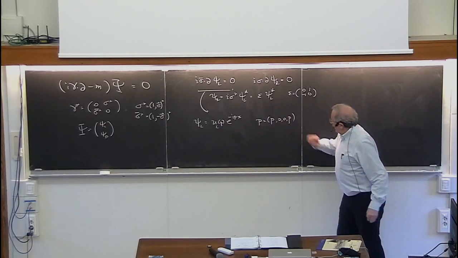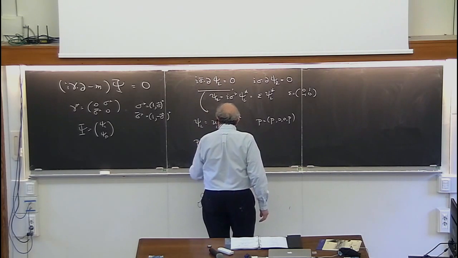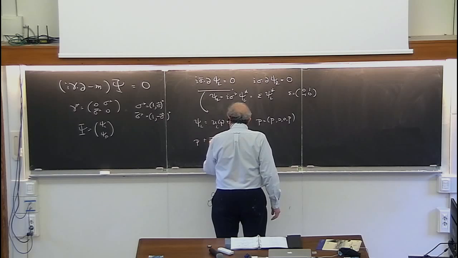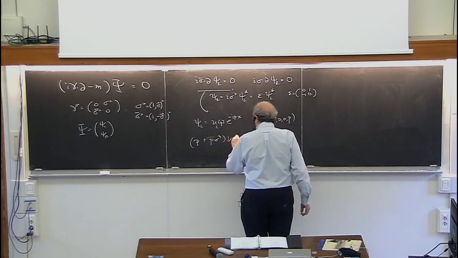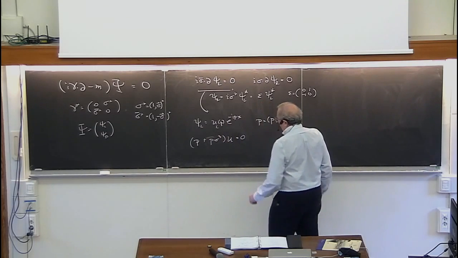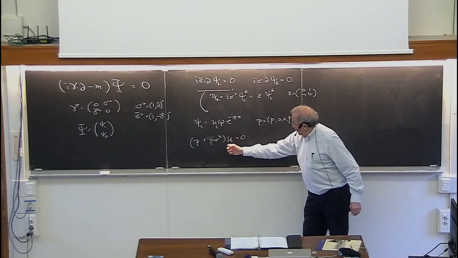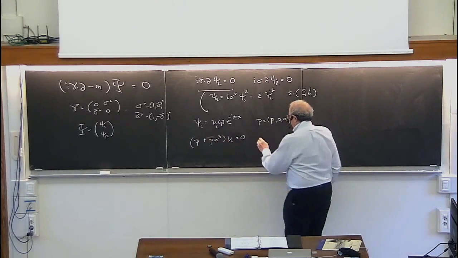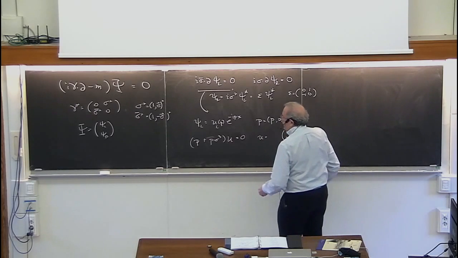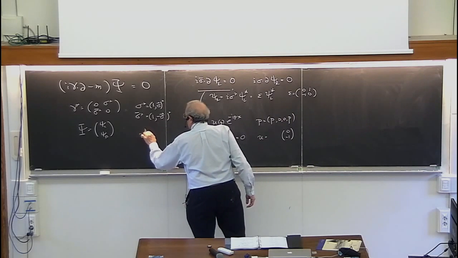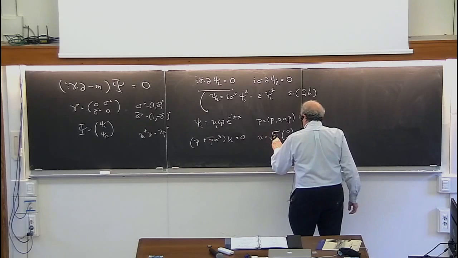So that's the 4-vector. The equation is then (p0 + p dot sigma), or with this vector, p sigma 3, times u equals 0. Or in other words, u is something that's only in the sigma 3 equals minus 1 component. u is equal to (1, 0), and we normalize these u's to u dagger u equals 2p0. So we need a square root of 2p here.